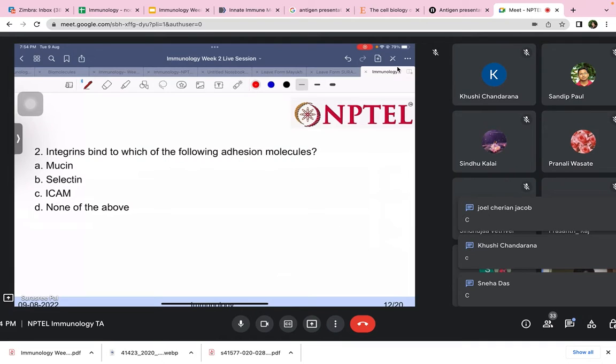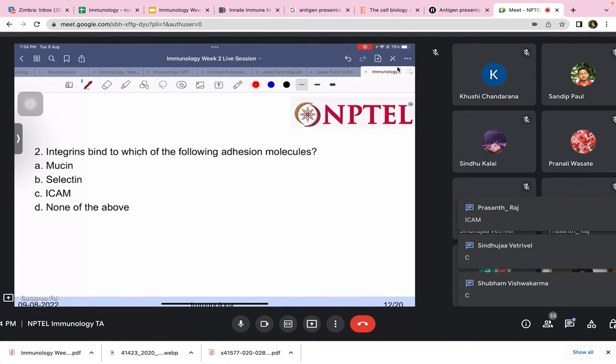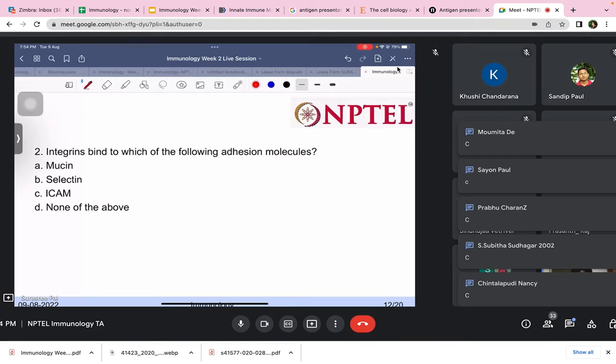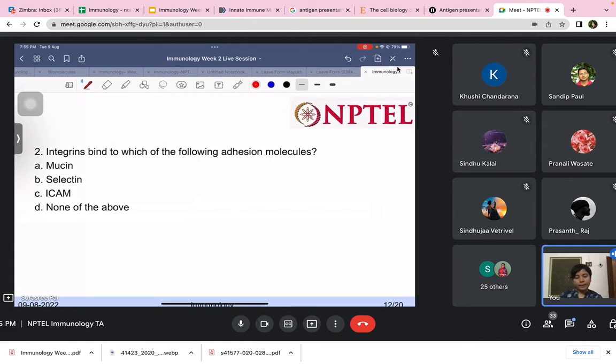Yes, I'm getting the answers. Most of you are correct. So remember, do you remember where these integrins and cell adhesion molecules were?